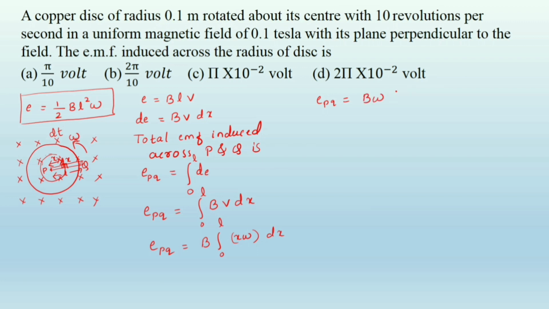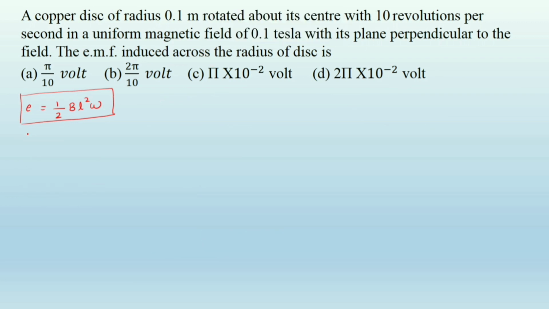Let us take the integration of x from 0 to L, that gives x square divided by 2 from the limit 0 to L. So the induced EMF will be half B omega L square. This is the standard equation which gives the induced EMF across the disk. You should remember this equation directly to calculate the induced EMF in this given problem.